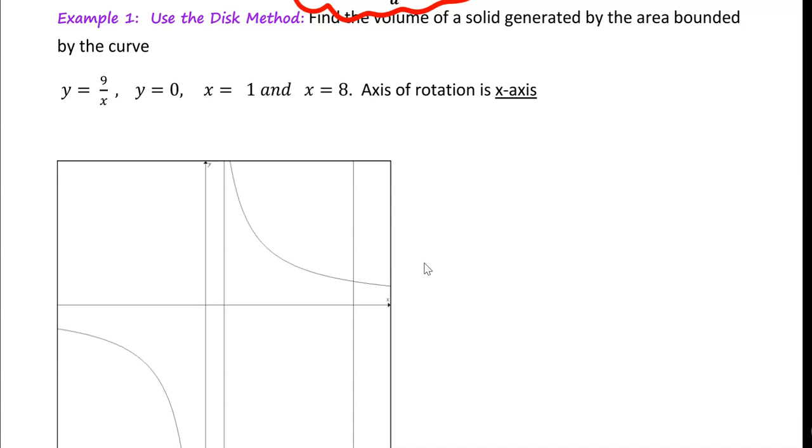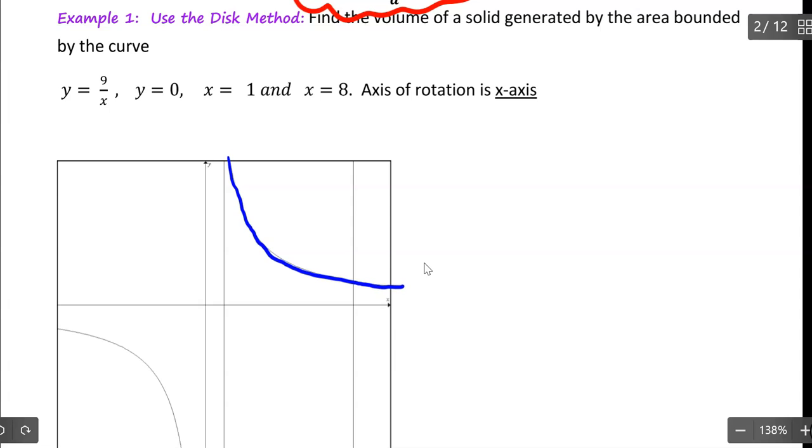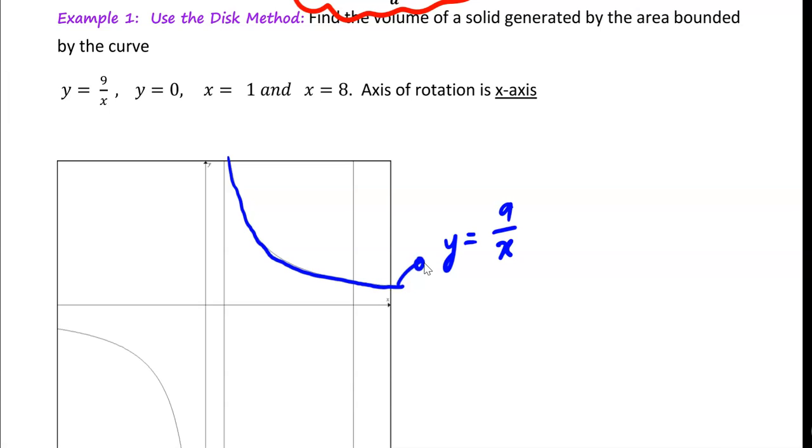Let me highlight it like this. So this is y equal to 9 over x for sure. It's a hyperbola, okay? And y equal to 0 is right here.